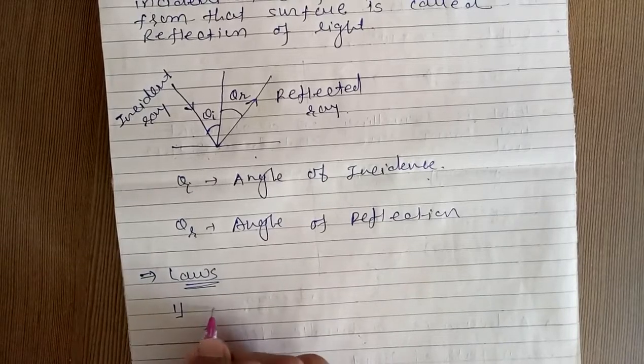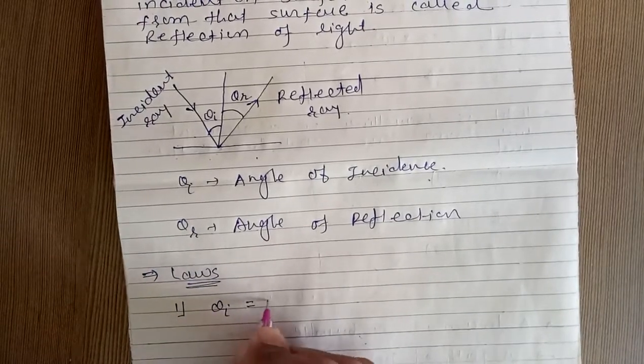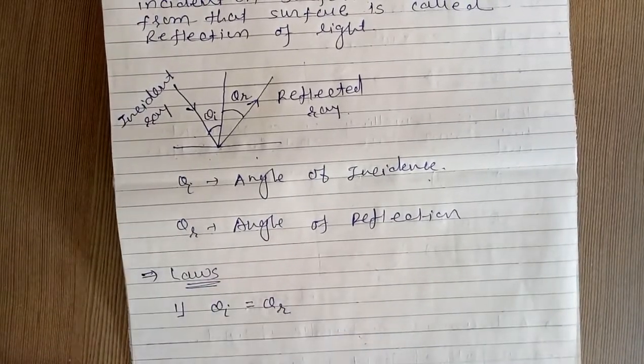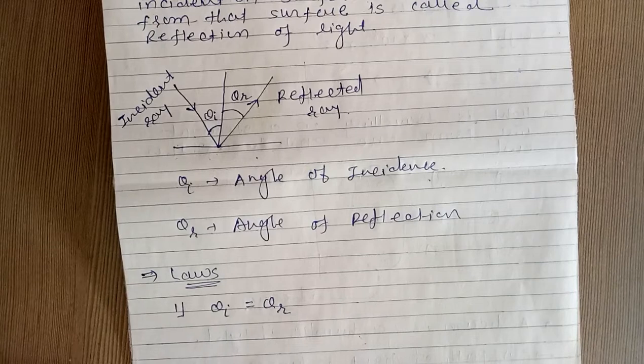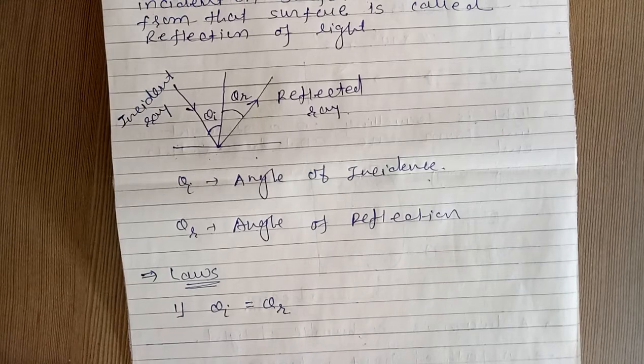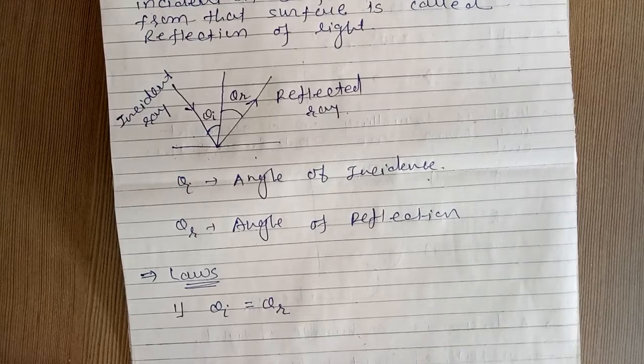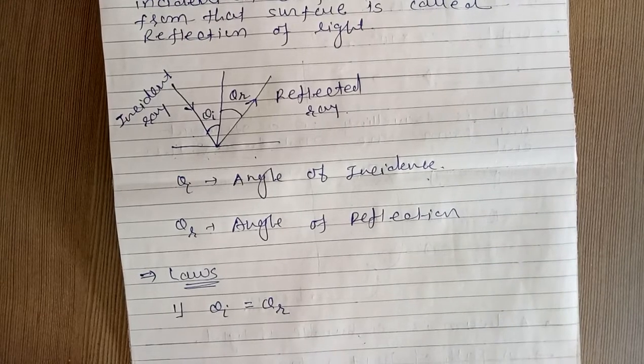So we can write theta I is equal to theta R. Once again I repeat, the first law of reflection is that the angle of incidence is always equal to the angle of reflection. So we can write that theta I is always equal to theta R.